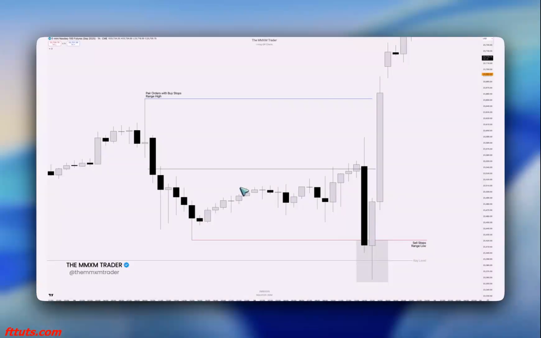The reason this is so effective and this keeps happening is this is one of the fundamentals of how liquidity works, right? The market makers, or whoever runs the algorithm, they're accumulating sell stops below this low. They need to be able to pair these orders with the opposing liquidity. That opposing liquidity is going to be at the range high.